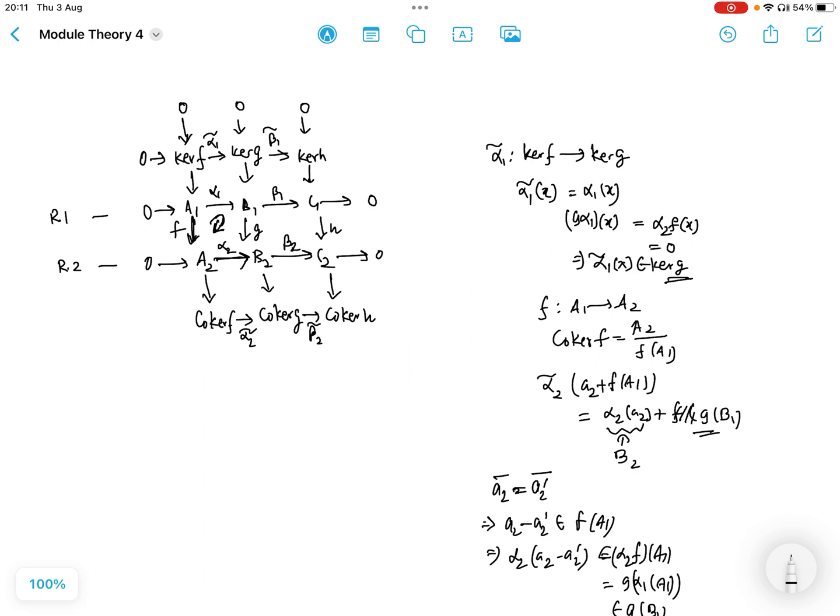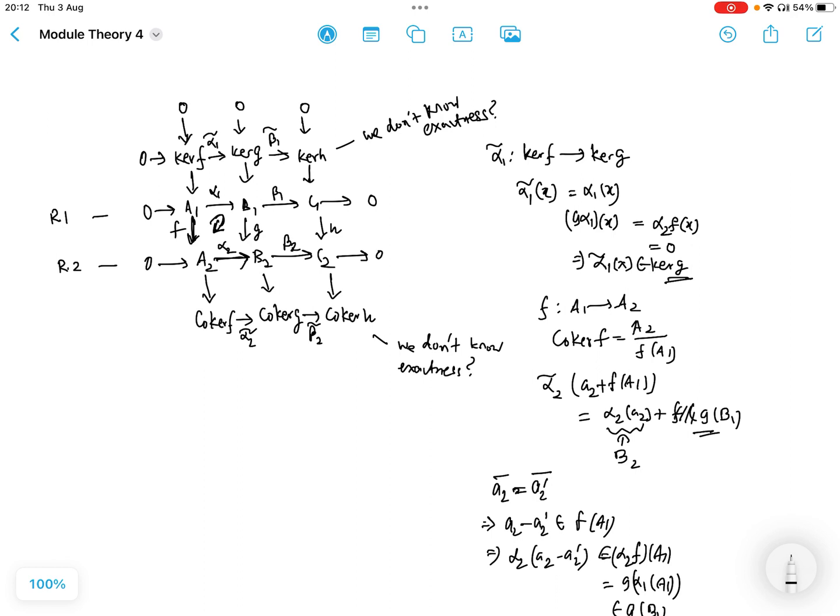We don't know whether this is exact or not, keep that in mind. We have not said anything about exactness. All we said is that we can induce these types of maps with the given information. And similarly here, we have no idea whether it is exact or not. Okay.